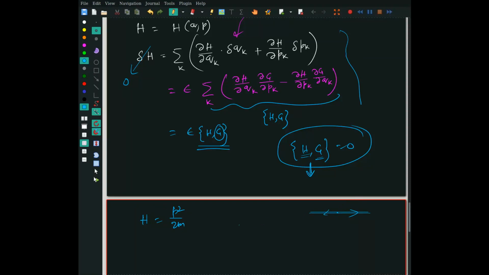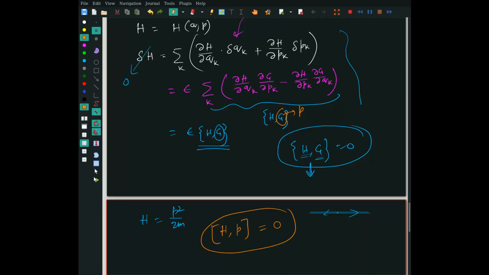So for a free particle, there is a translational symmetry, and I know the generator for the translational symmetry, the G for translational symmetry is your momentum, that is P. And that's why you can write that the commutator of H and P is equal to 0 for a free particle in one dimension. So think about other examples if you can figure out things like that from here.